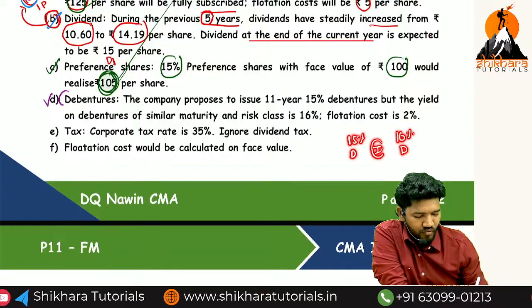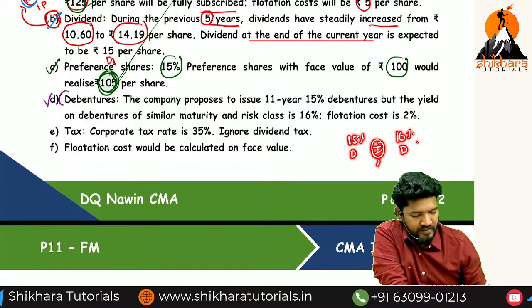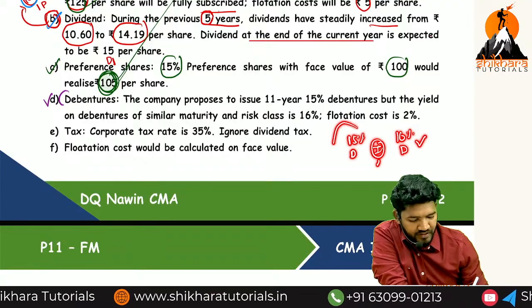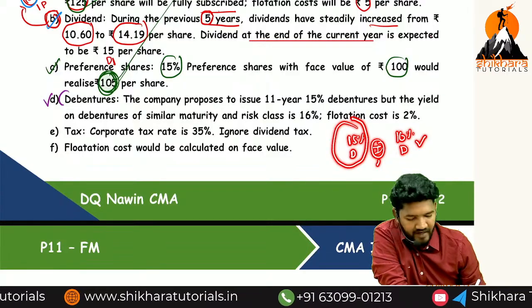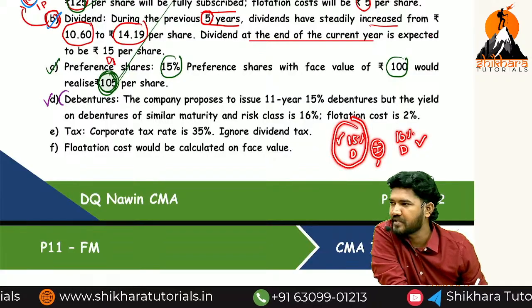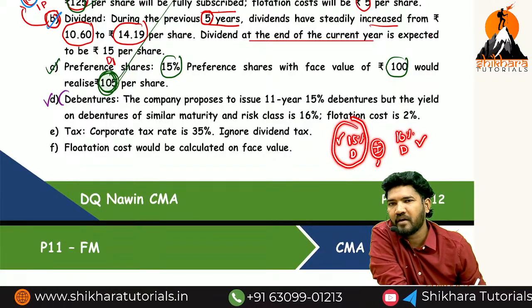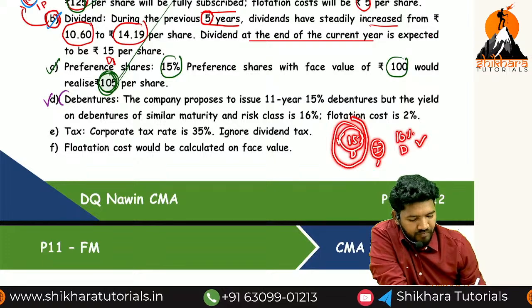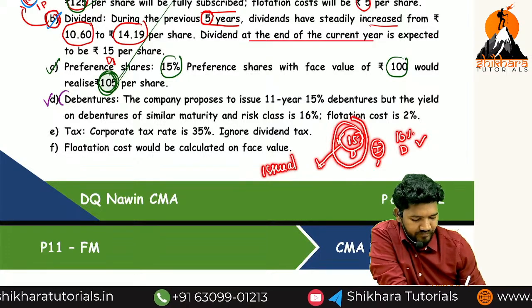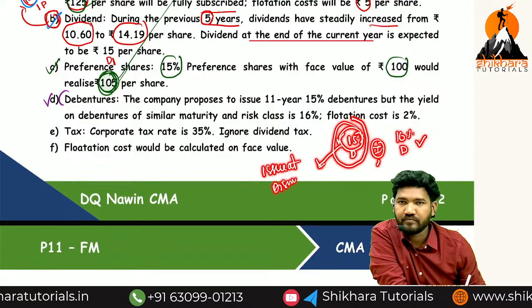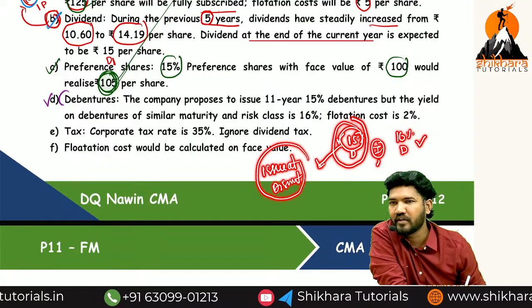As an investor, what would you choose? The 16% debenture. But this company needs money, and they have decided they need to give 15% only. At that time, the possibility is that we have to issue at a discount.